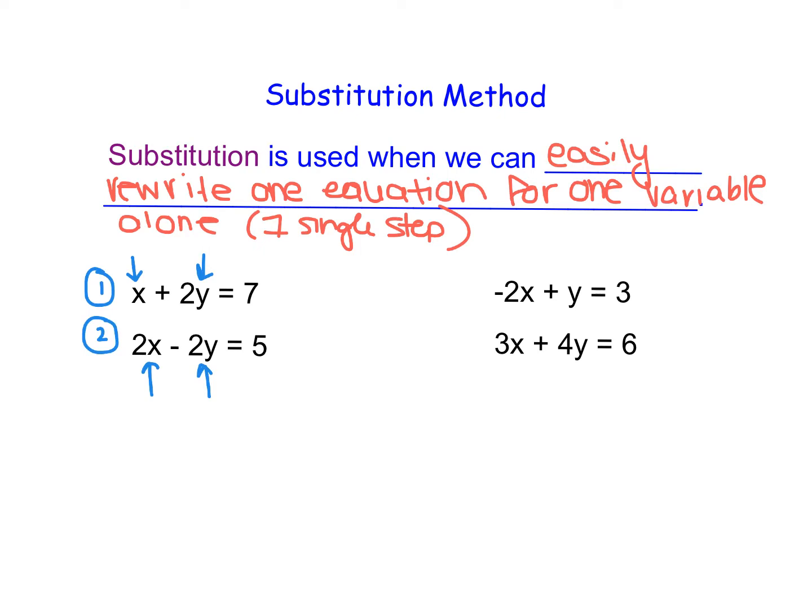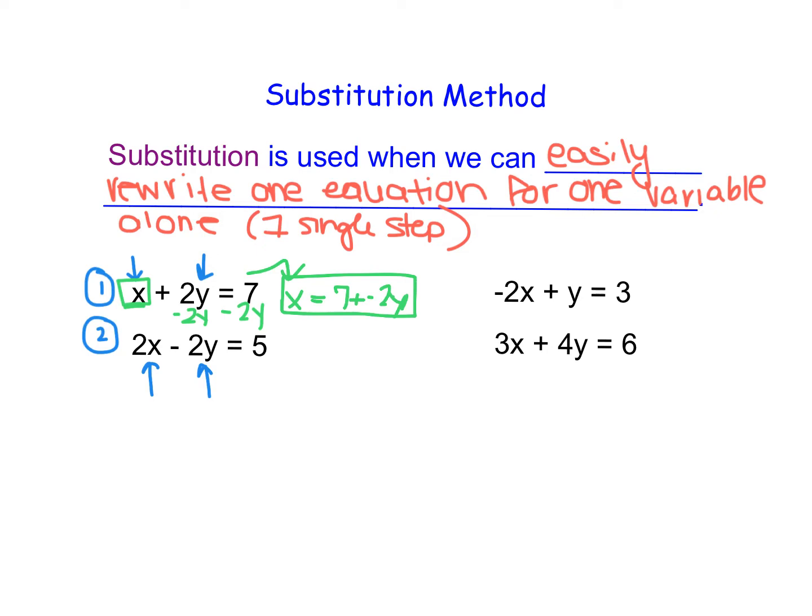What I notice is that I could easily get this x value right here alone if I just subtract 2y from each side. So I can get x by itself in one step, and this will say x is equal to 7 plus a negative 2y. So when I can get one of those equations written in terms of one variable by itself in one step, this is when substitution is a great strategy.